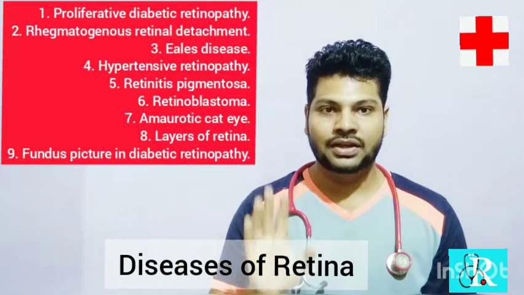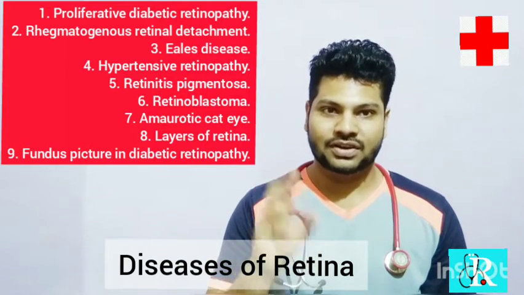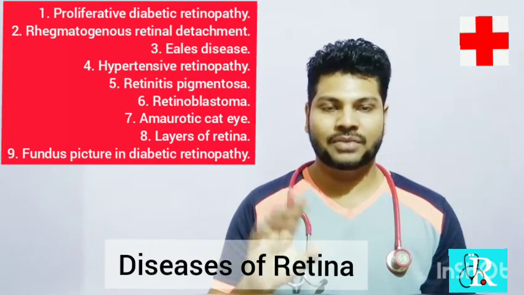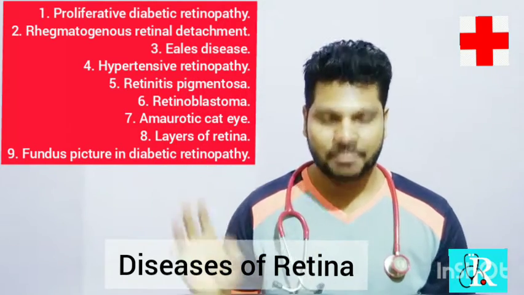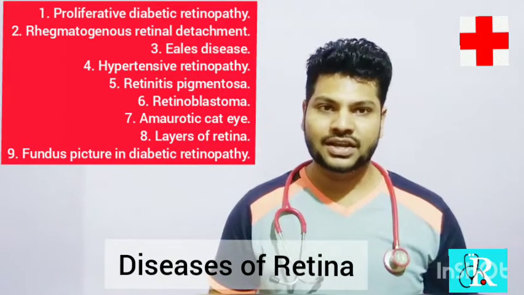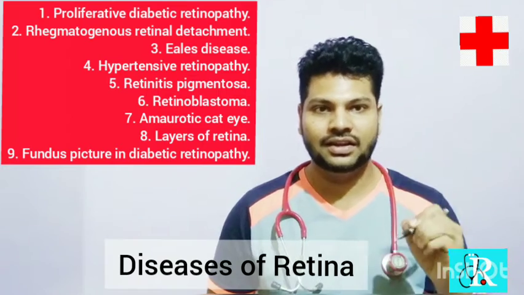This much you should know if you are a medical student coming to third year. If you do not know what a retina is, then as far as medical sciences are concerned, you are very poor.